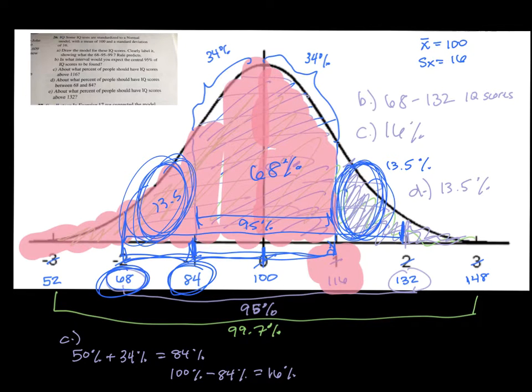About what percent of people would have scores above 132? Now we are talking about this, let me get a different color really quick. We're talking about this tiny, tiny bit above 2 and 3, all the way here.